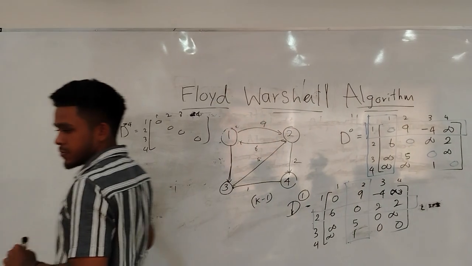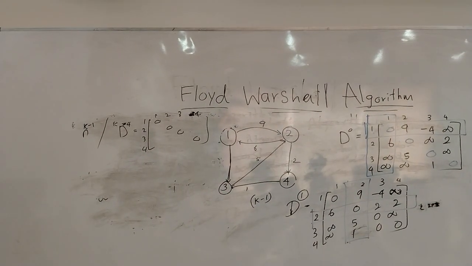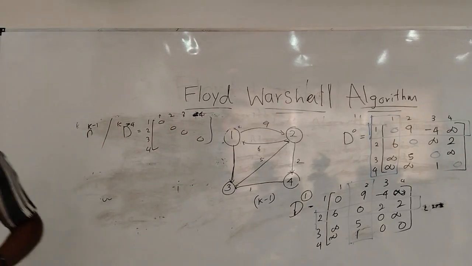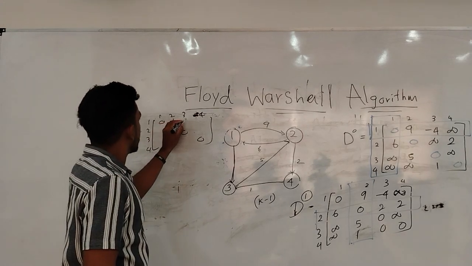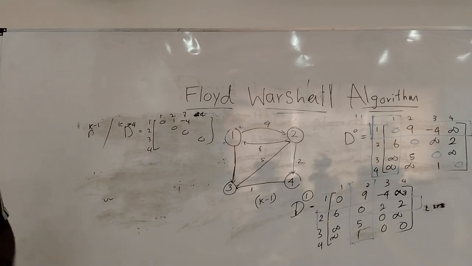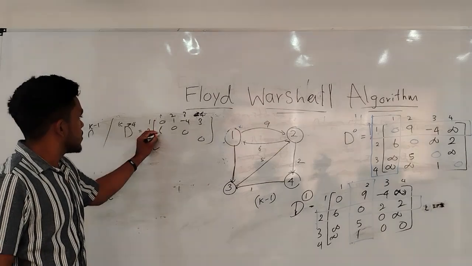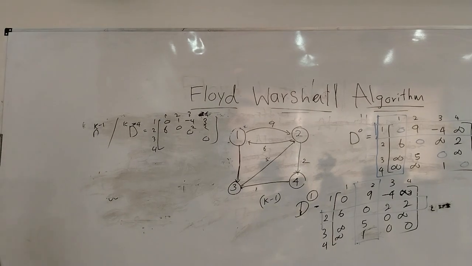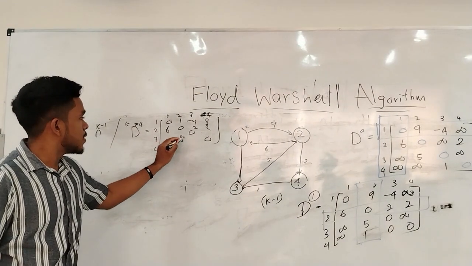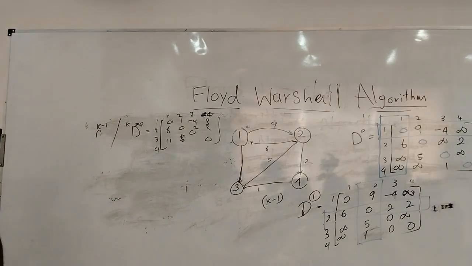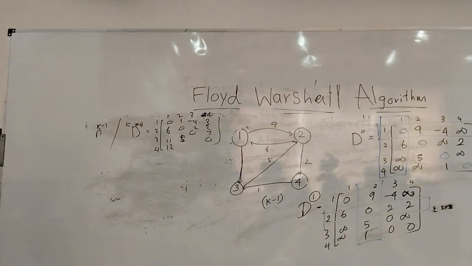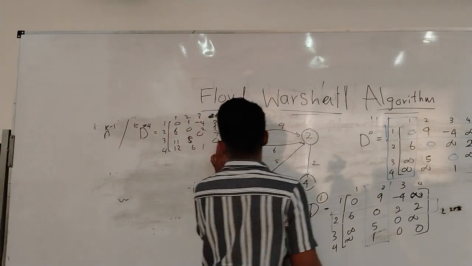So I have completed this graph. So the answer would be 0, 1, minus 4, 3, 6, 0, 2, 11, 5, 0, 7, 12, 6, 1, 0.